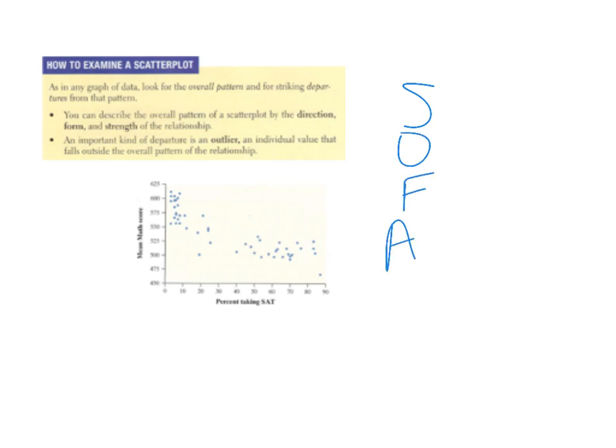So when we examine a scatter plot, we're looking for strength. Okay, and so by strength, we're looking at basically how close do they follow the form. And we'll look at what that means in a little bit. But we're looking at how closely they follow whatever form has been determined.